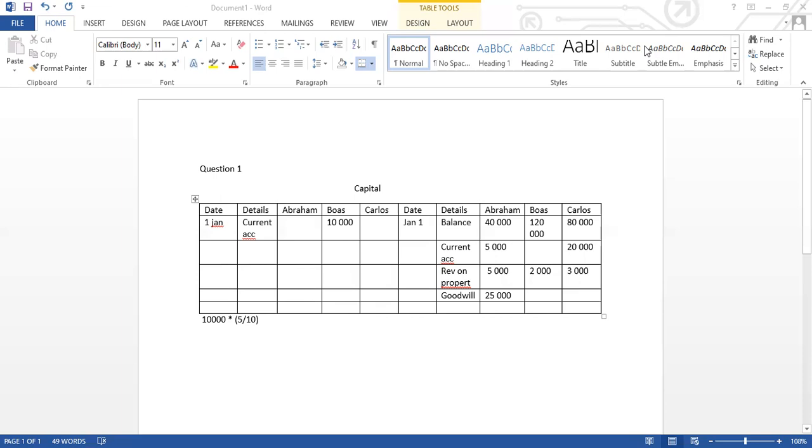When goodwill is not to appear in the books of the new partnership, you will have to share it among the old partners on the credit side. Remember, goodwill is an intangible asset.